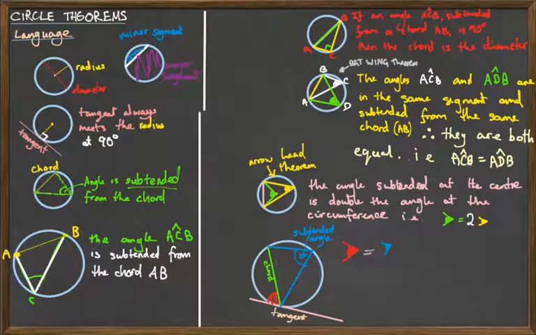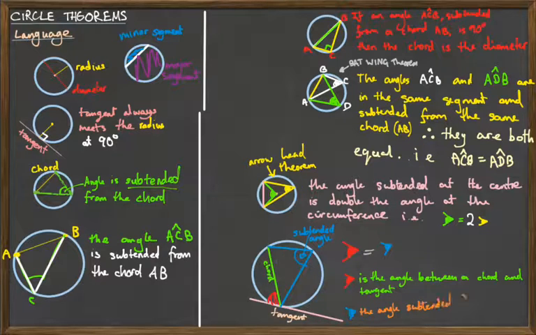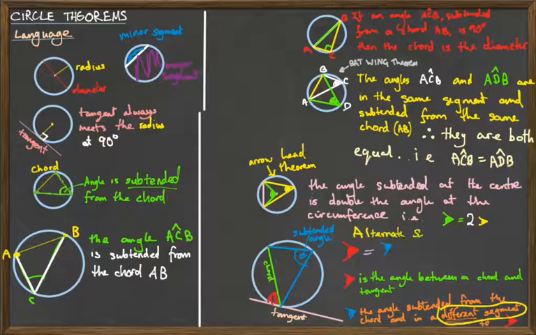So how might I write that in words? Well, I say the red angle is the angle between a chord and a tangent. You can see that, it's between the chord and the tangent. And the blue angle is the angle subtended from the chord. And it is in a different segment to the red angle. So you can see how it's in the major segment, which is in a different segment to the red angle. Now the name of this theorem, since it's in a different segment, we call this the alternate segment theorem.